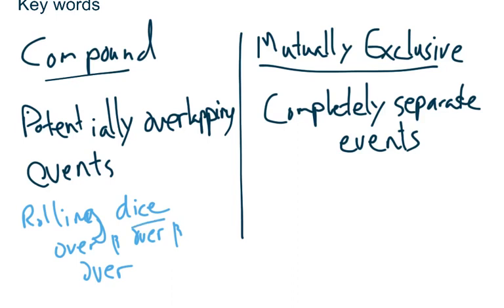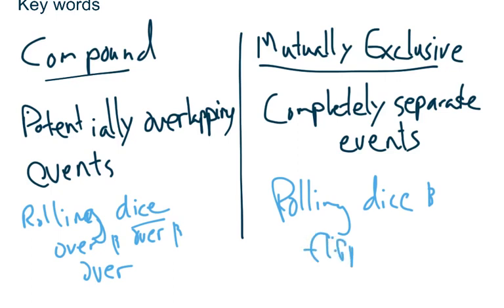We'll talk about what that looks like in a minute. Mutually exclusive events could be something like rolling dice and maybe flipping a coin. That may not be the best example to get our heads around it at the very beginning, but we're dealing with things that can be completely separate.